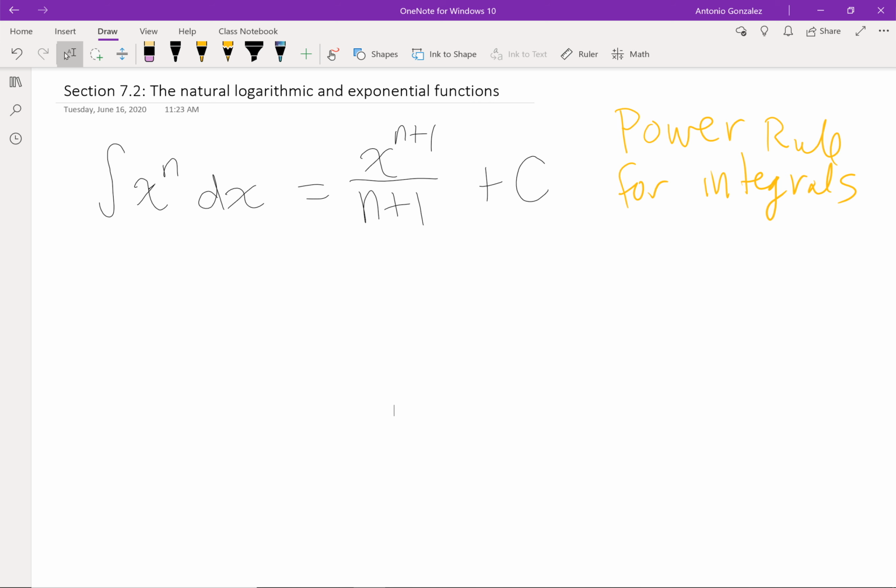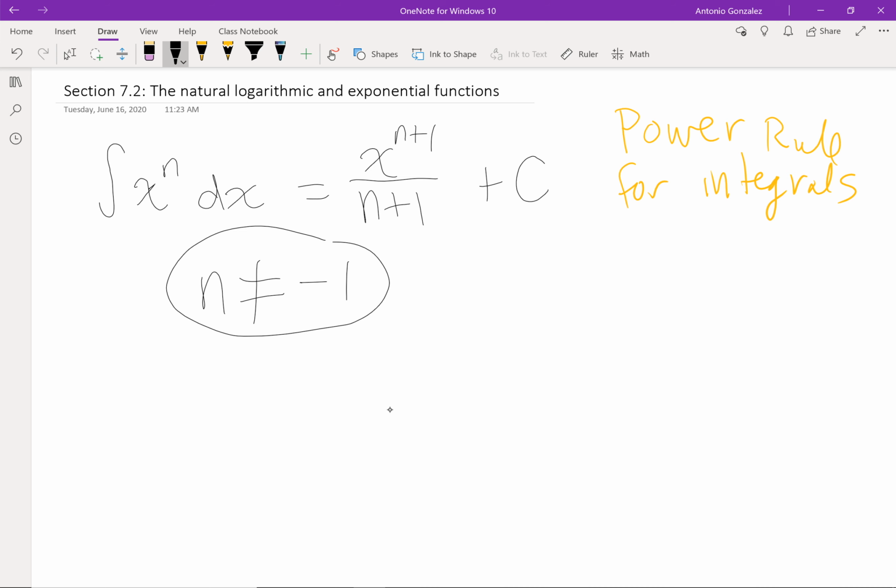But for the most part, for any rational number, this power rule for integrals holds, except for one particular value, right? That value being, we can never divide by 0. So this holds for everything except this value here. So there's essentially a hole missing in our rule for rational numbers.